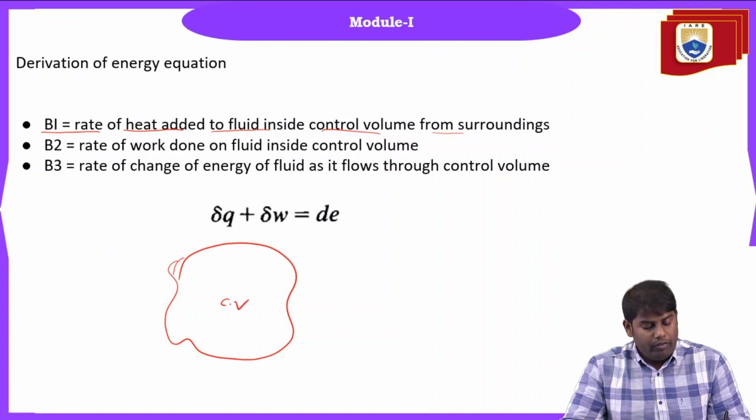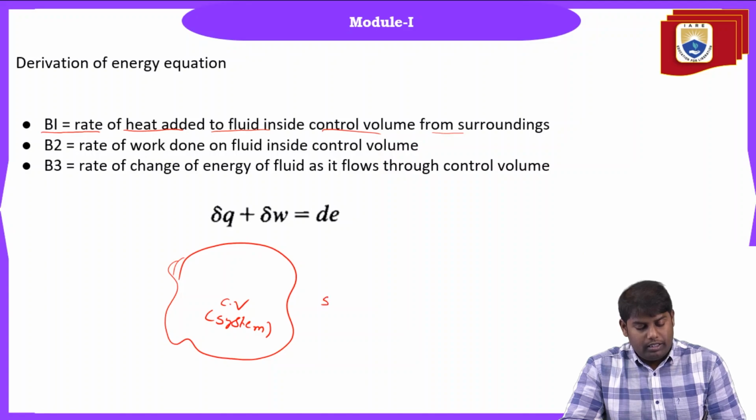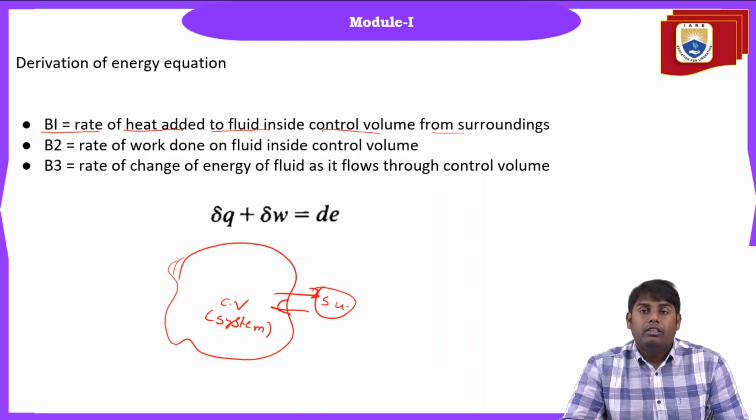So where you have the interactions between the system, this is the system and this is the surroundings. When you have this interaction between the system and surroundings, there is an amount of delta Q which is applied on the system.